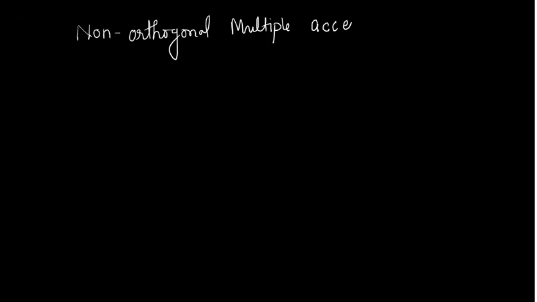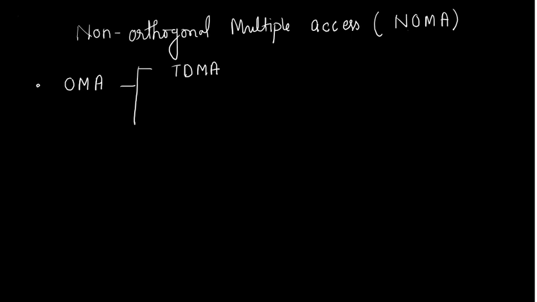access scheme, which in short is also abbreviated as NOMA, non-orthogonal multiple access. So you might be aware of various orthogonal multiple access schemes. First is TDMA, time division multiple access.